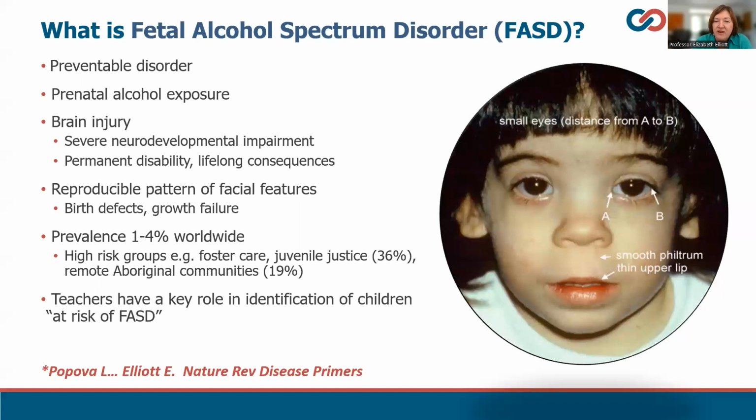We know that there is a reproducible pattern of facial features that may occur, but this only occurs in a small portion of children. So in many cases, it's the learning and behavioural problems that are visible, and there are no physical features. Although we don't know the prevalence in Australia, we estimate that the prevalence is about 1 to 4% worldwide, and there are certain high-risk groups, including foster care, juvenile justice, and some remote Aboriginal communities.